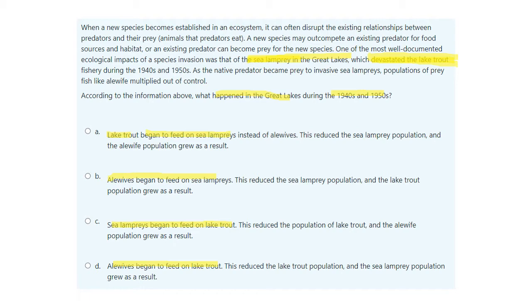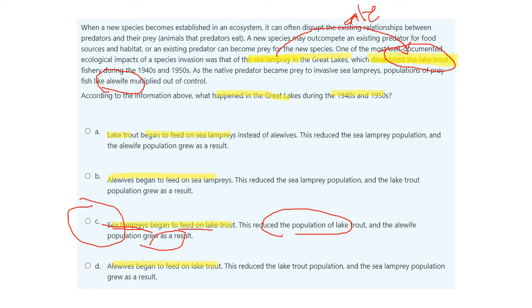So before, we can say that the lake trout was the predator and the alewife was the prey. But later the lamprey ate the lake trout, and so the alewife grew because there were fewer predators. This is that the sea lamprey began to feed on the lake trout. So the lake trout was reduced, and the alewife grew because there were fewer predators trying to eat it. So C is the correct answer.